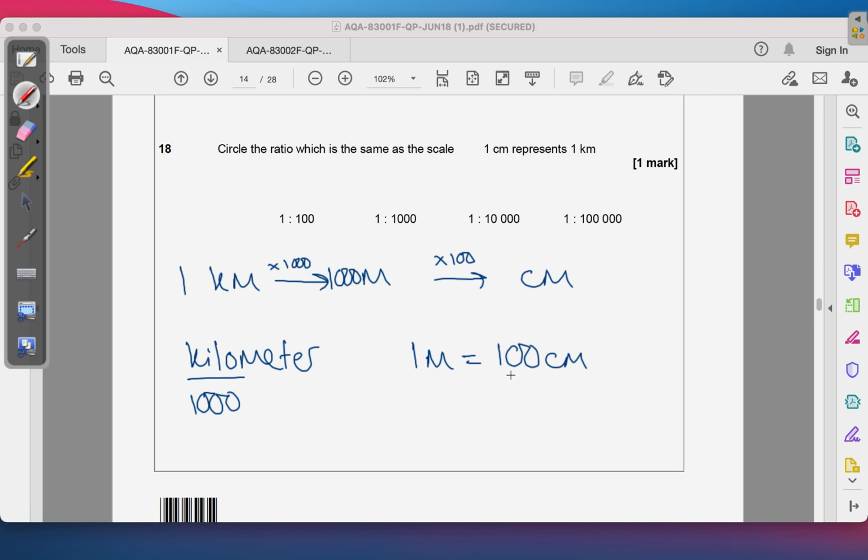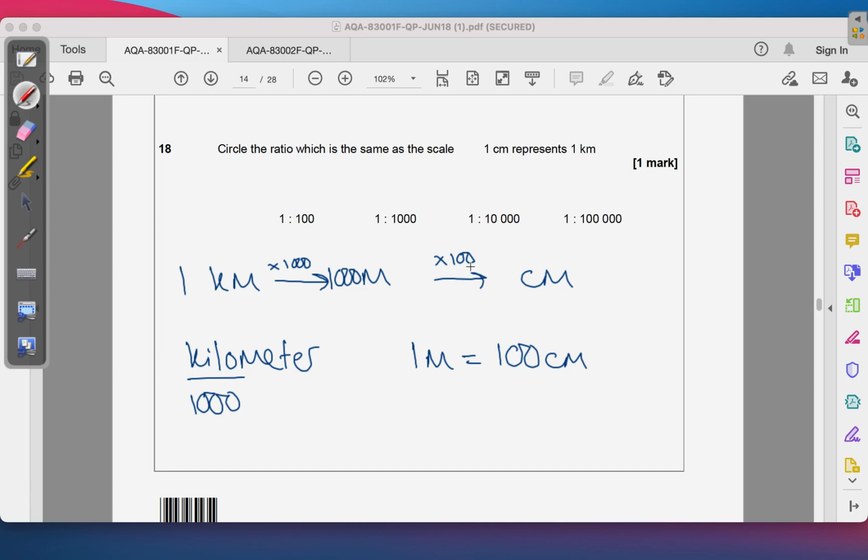So if we've got 1,000 metres and we want to convert that into centimetres, we have to times that 1,000 metres by 100, because there's 100 centimetres for every 1 metre. So 1,000 metres is 100,000 centimetres.